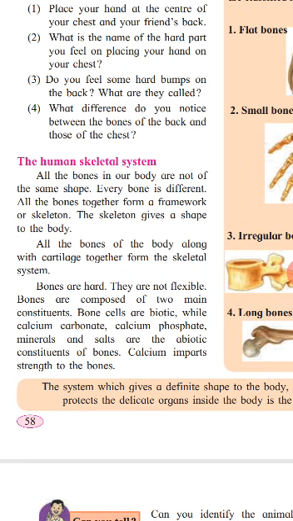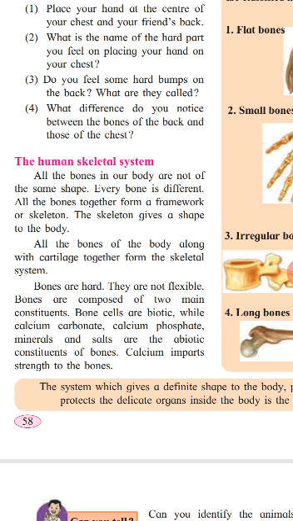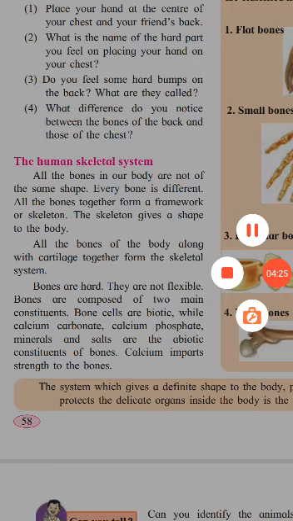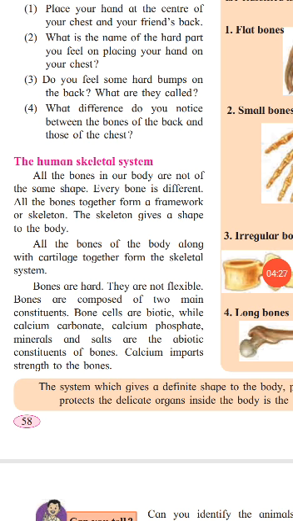With the help of bones, we can make a framework. What framework? A skeleton. The skeleton gives a shape to the body. So with the help of the skeleton, we get the shape of the body, right?